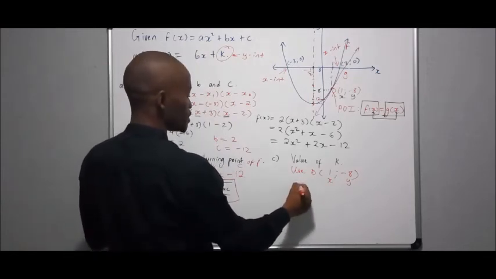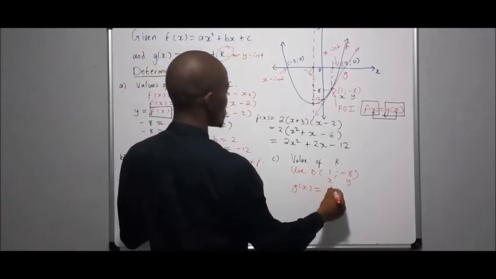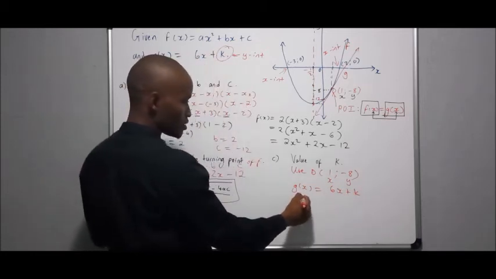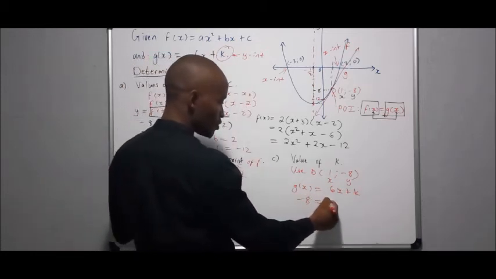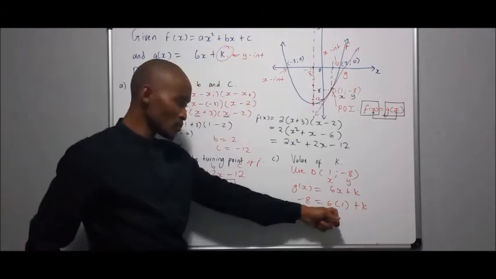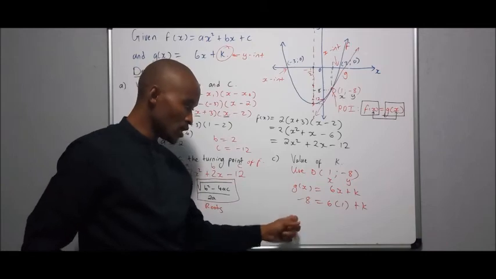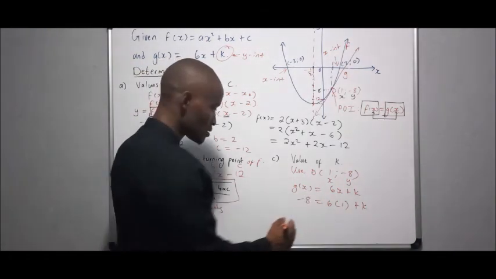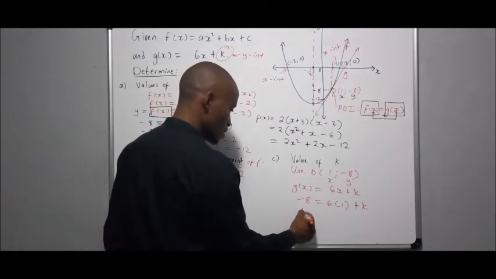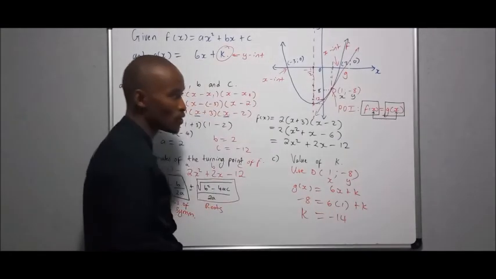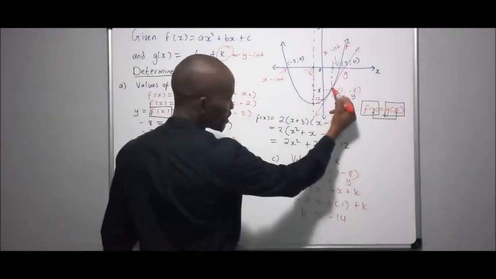So we have g of x equal to 6x plus k, and this is negative 8 equal to 6 times 1 plus k. It's a positive 6 there, you transpose to the left, and it becomes negative. Negative 8 minus 6. This gives you k to be negative 14. And look at this, it makes sense.